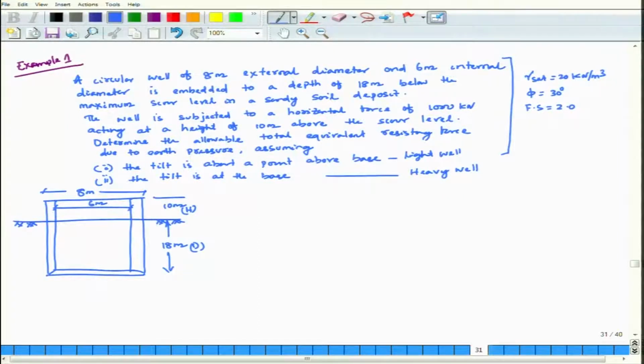Then what does it mean? The first case is given as per the earlier.